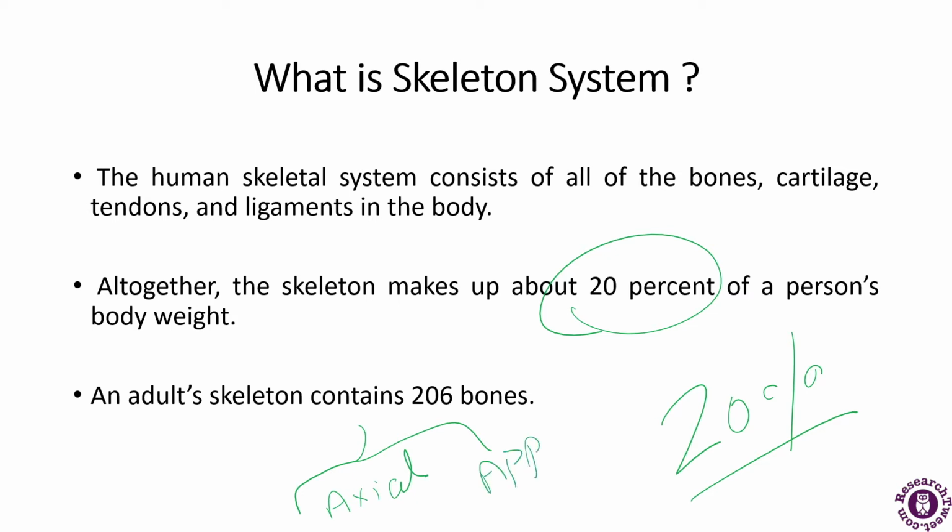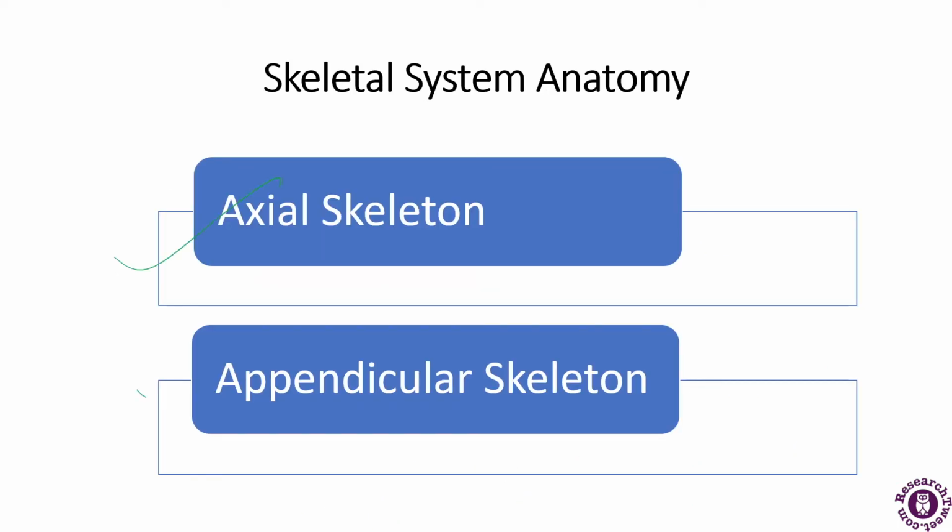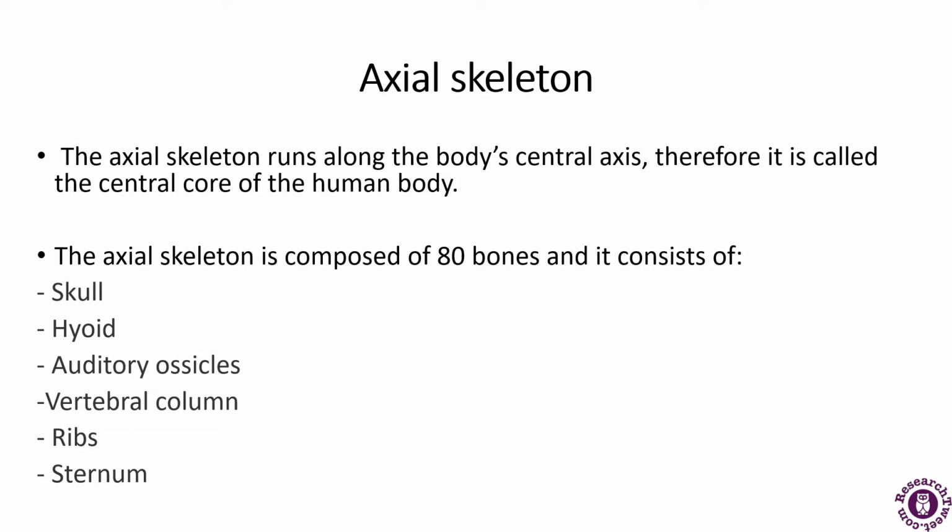Axial and appendicular. Now, axial and appendicular skeleton. I will be discussing both of these in detail. First I will talk about the axial skeleton, which runs along the body's central axis. Therefore, it is known as the central core of the human body.